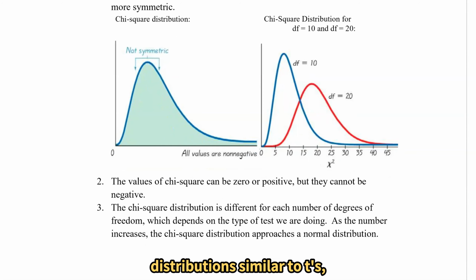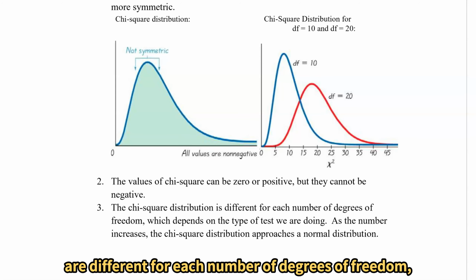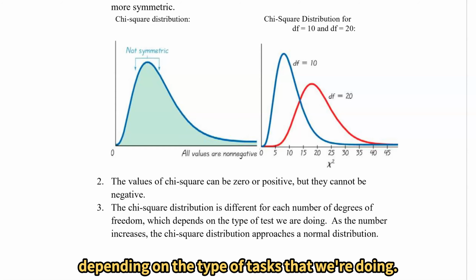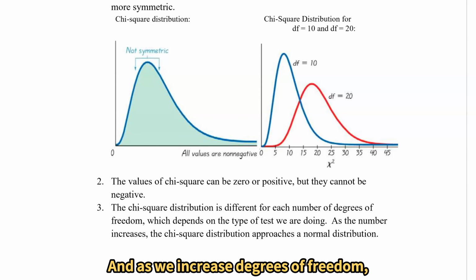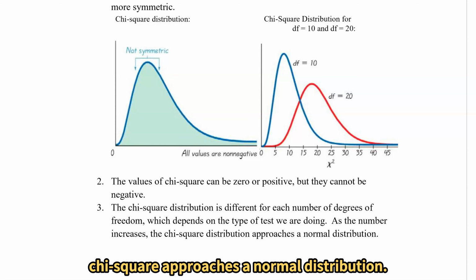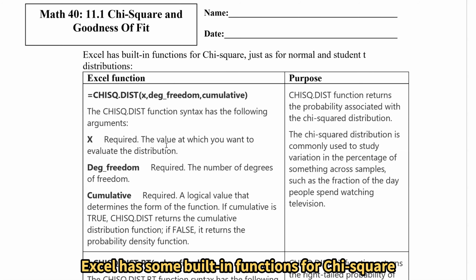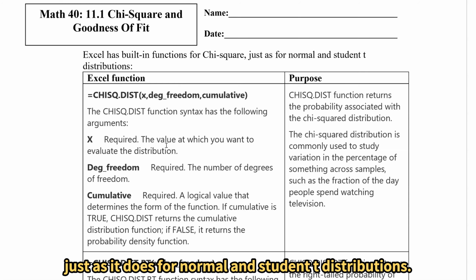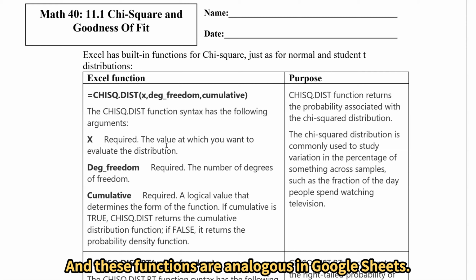And chi-square distributions, similar to t's, are different for each number of degrees of freedom depending on the type of test that we're doing. And as we increase degrees of freedom, chi-square approaches a normal distribution. Excel has some built-in functions for chi-square, just as it does for normal and student t-distributions. And these functions are analogous in Google Sheets.